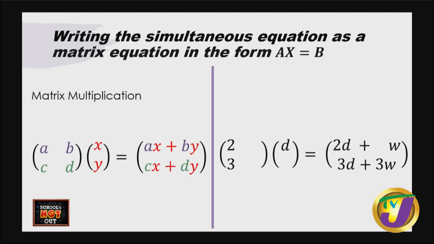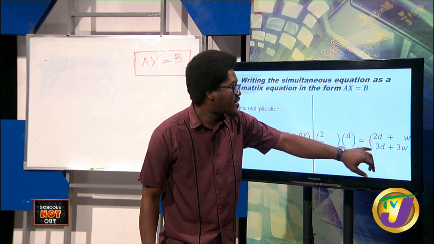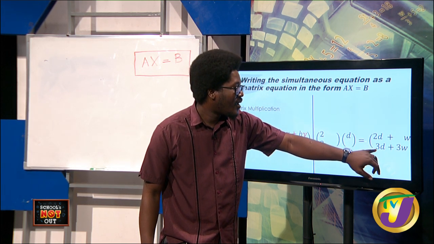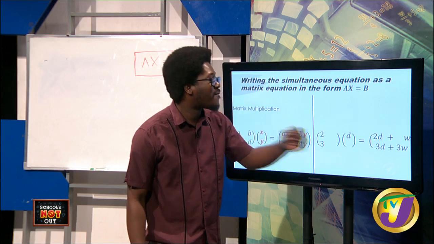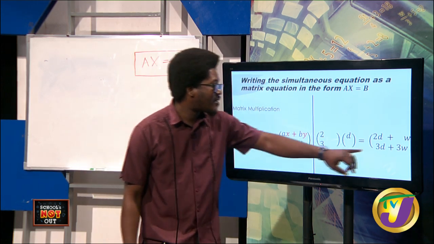We multiplied C, the first element in the second row, by the first element in the column to get CX. The position occupied by CX is shared by 3D. So it must have meant that we multiplied the second element in the second row by the first element in the column to get 3D.